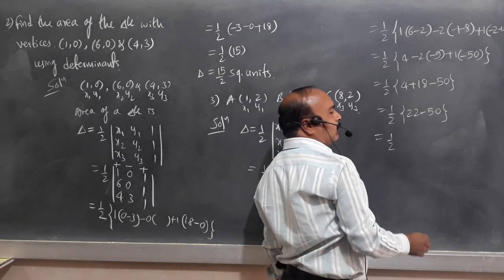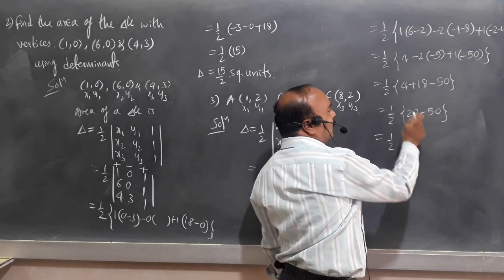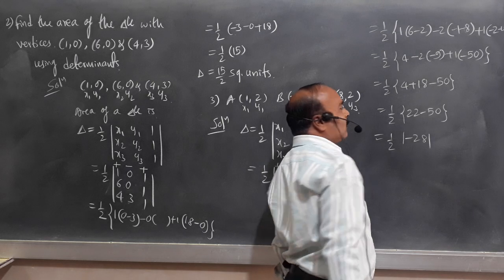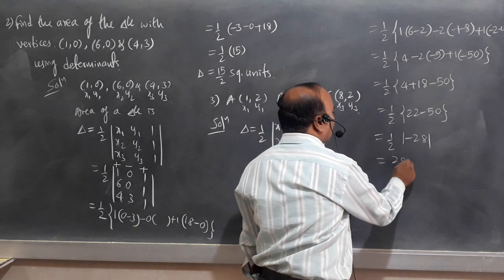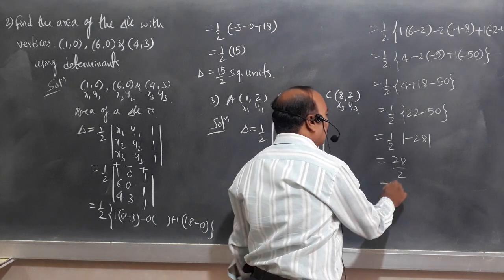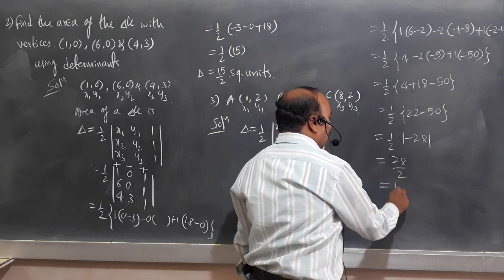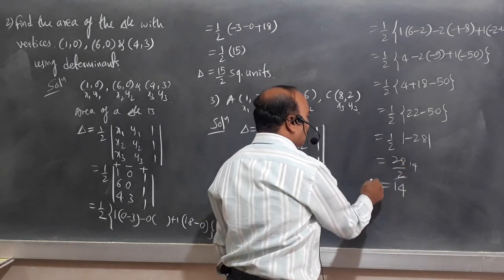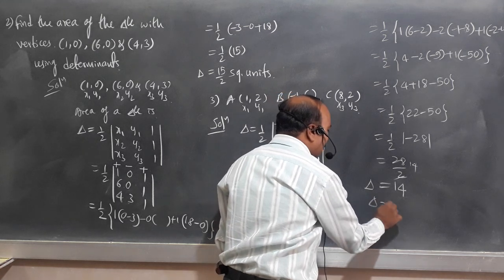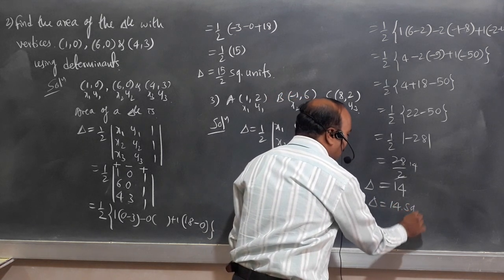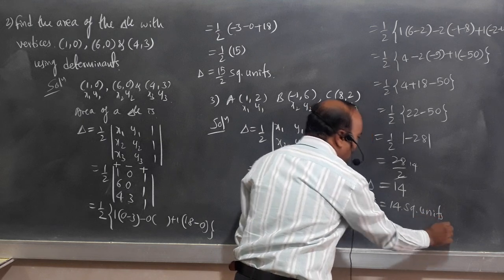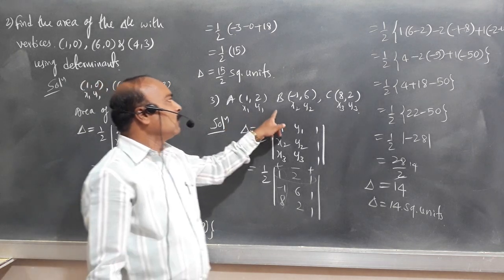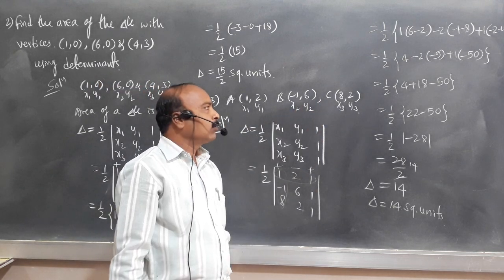It is 1 by 2, we get minus 50 plus 22, minus 28. We take the modulus value of minus 28. So it is 28 by 2, which is equal to 14. Therefore, delta equals 14 square units. So this is the area of the given triangle with these vertices (1, 2), (minus 1, 6) and (8, 2). Take the solution.